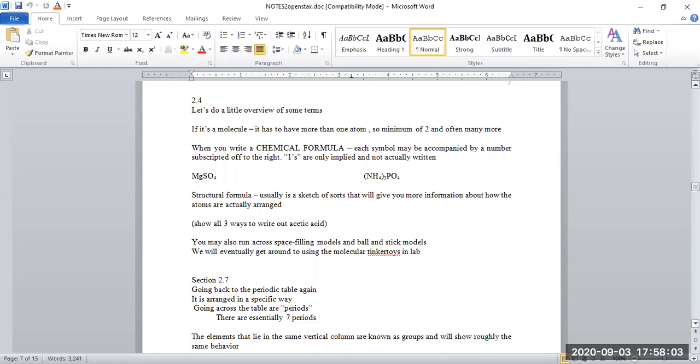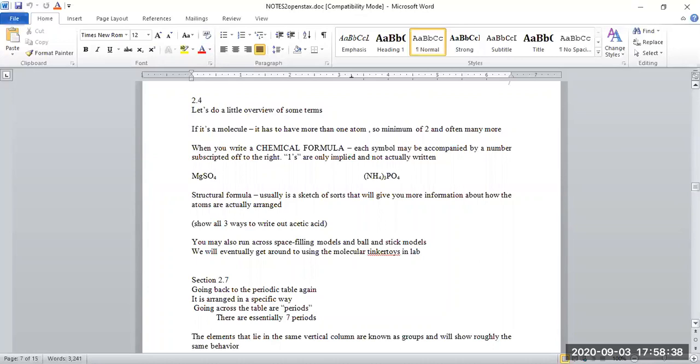So look at my NH4. It's got parentheses around the NH4 part. There's a little 3 on the outside, and then I have a PO4. So I actually have 3 atoms of nitrogen, because the 3 on the outside multiplies the 1 on the 1 N on the inside. Multiply your 4 and your 3 together, I have 12 hydrogens, 1 phosphorus, and 4 oxygens.